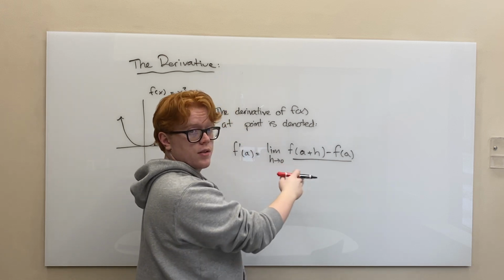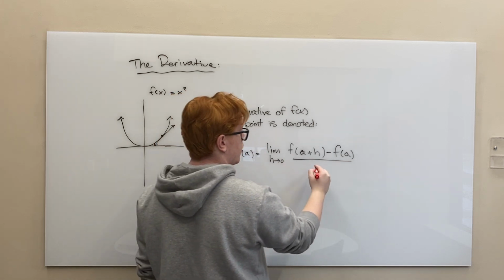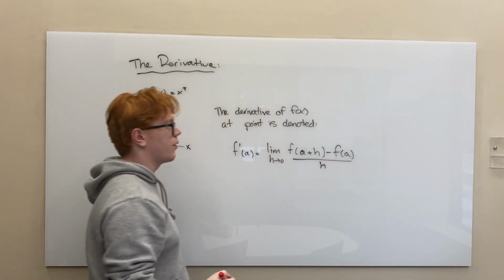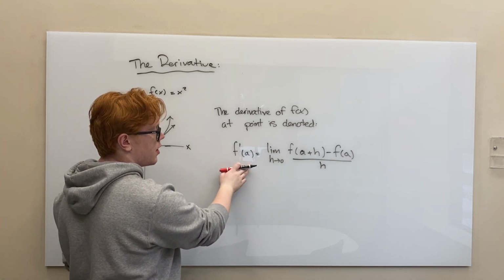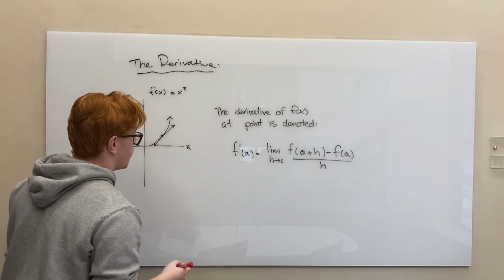It's just the distance formula, and so the a's cancel out and you're going to have h left over. I encourage you to pause the video and think about what this means. I'll show you graphically what we're doing.